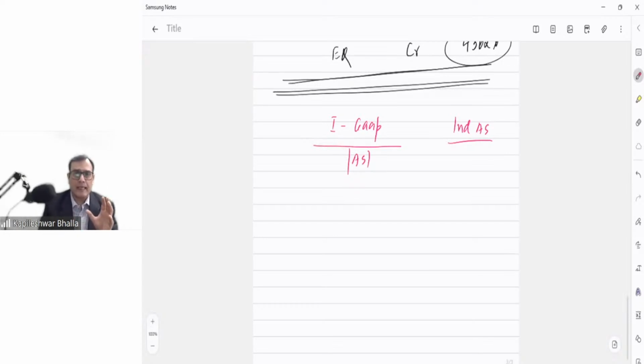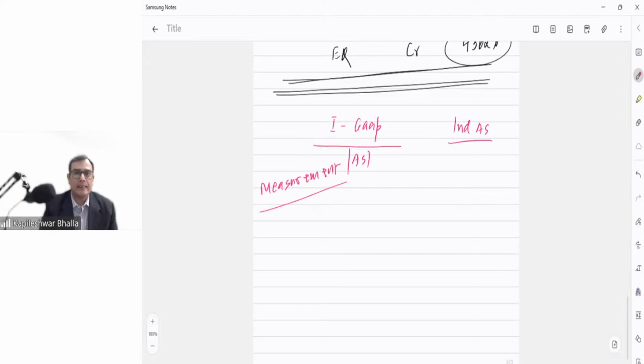Now, as I said, I'm looking at a comparison in terms of IGAAP, that is accounting standards, and in terms of Ind AS. I am looking at the measurement techniques which were available in IGAAP and the measurement techniques which are available in Ind AS.